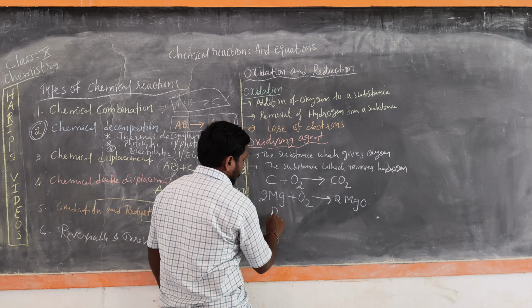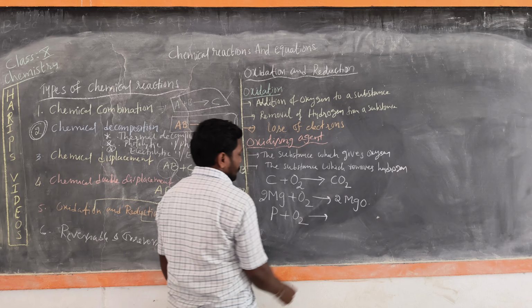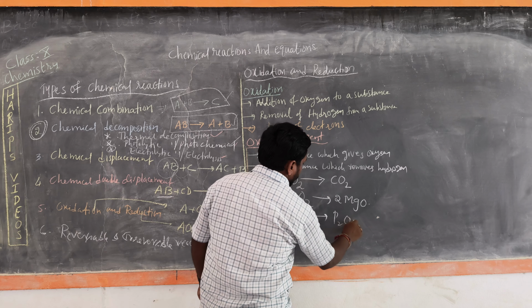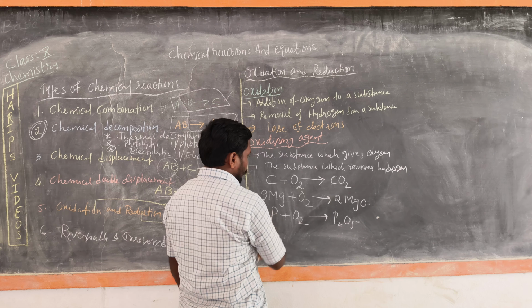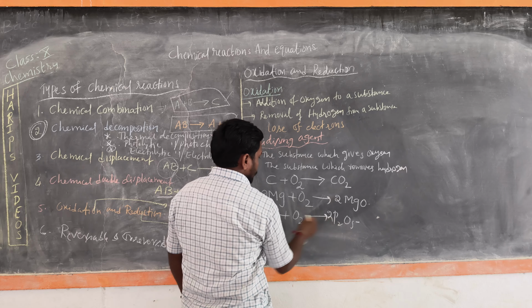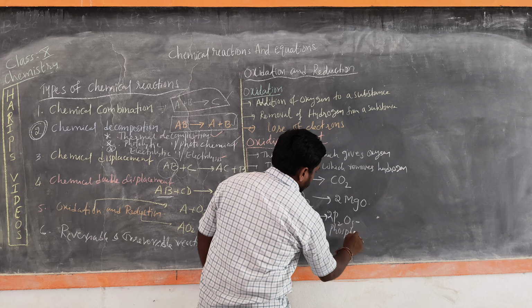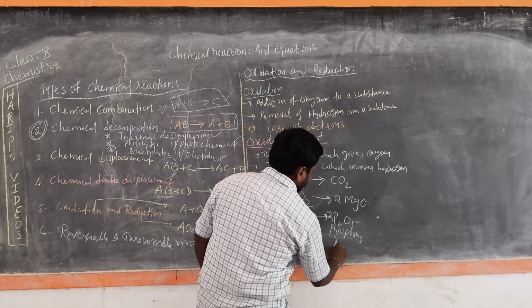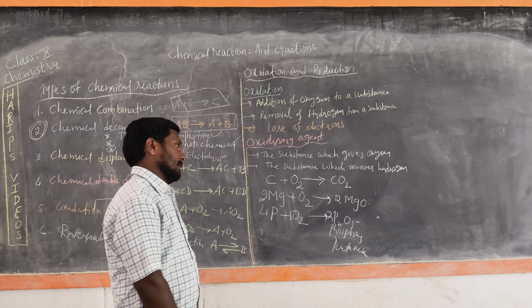So phosphorus plus oxygen gives rise to P2O5, that is, 4P plus 5O2 gives 2P2O5, phosphorus pentoxide.